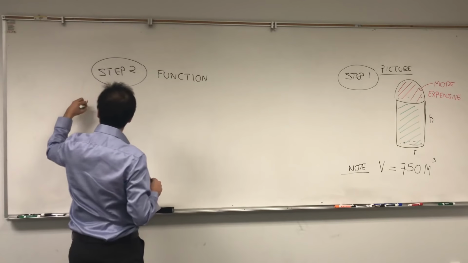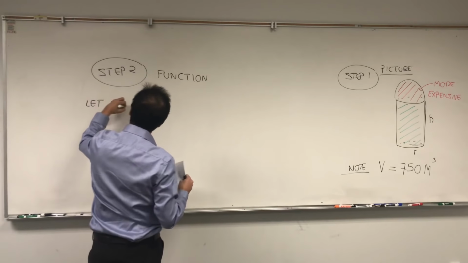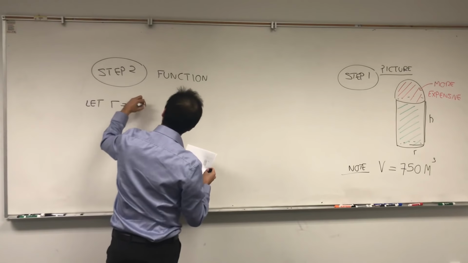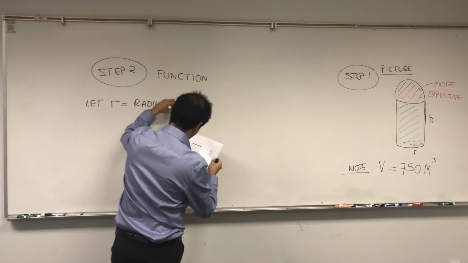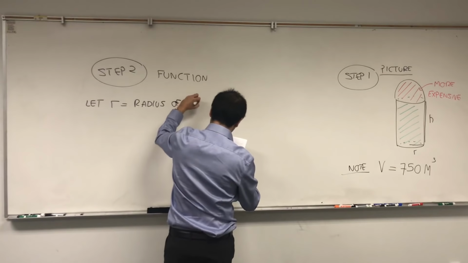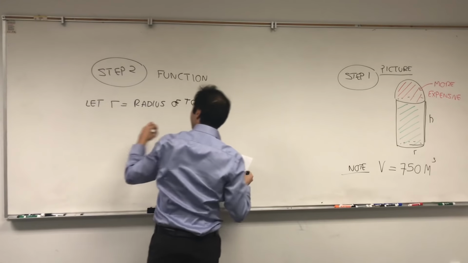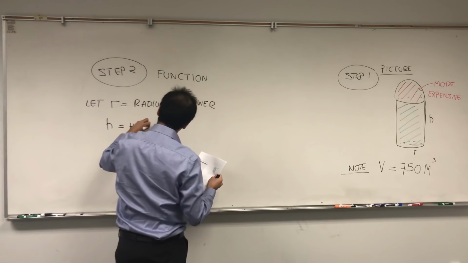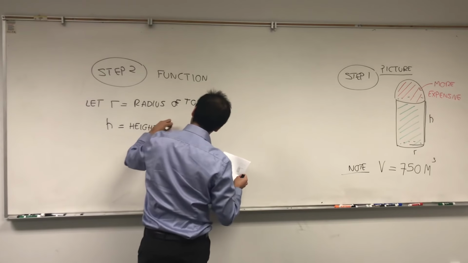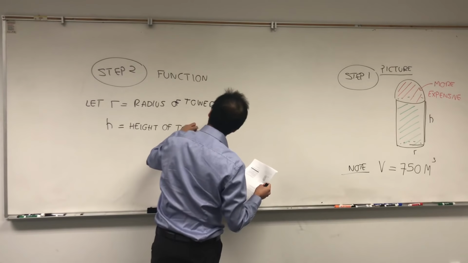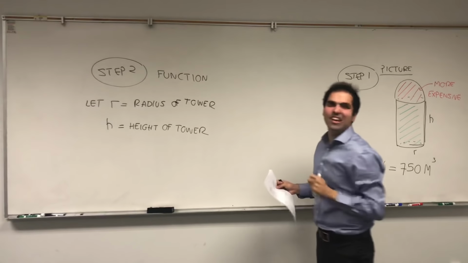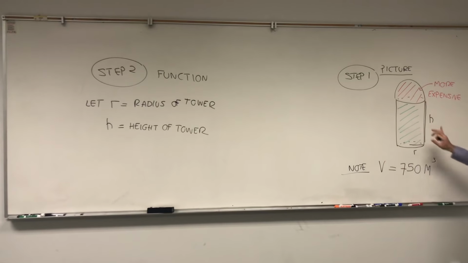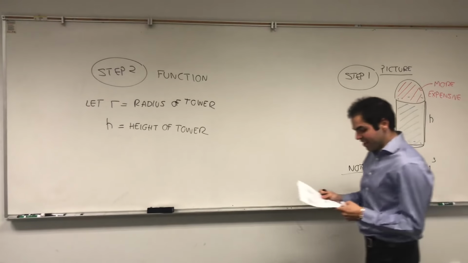So again, just to clarify, let r be the radius of the tower and h be the height of the tower. In those problems, it's very important to define what variables you have. So here r is the radius and h is the height.